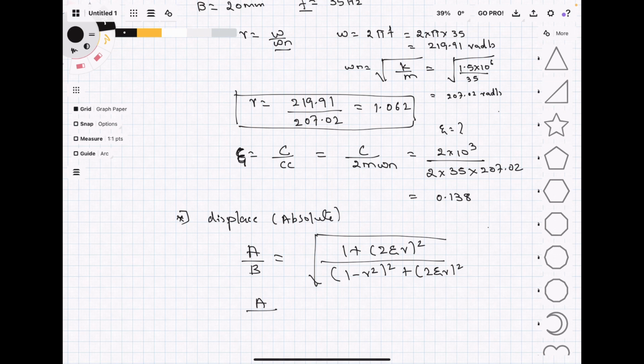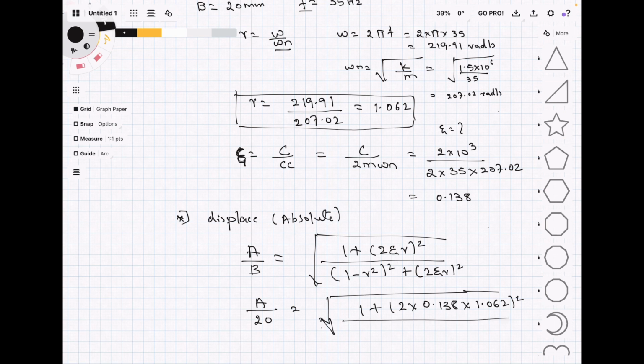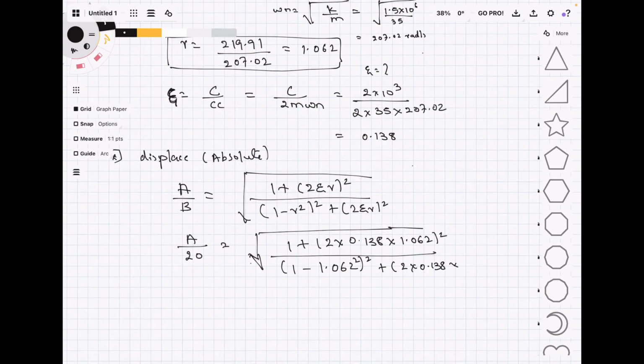B is given as 20 mm, into the square root of 1 plus (2 into zeta, which is 0.138, into R value 1.062) the whole square, divided by (1 minus 1.062 square) the whole square plus (2 into 0.138 into 1.062) the whole square.